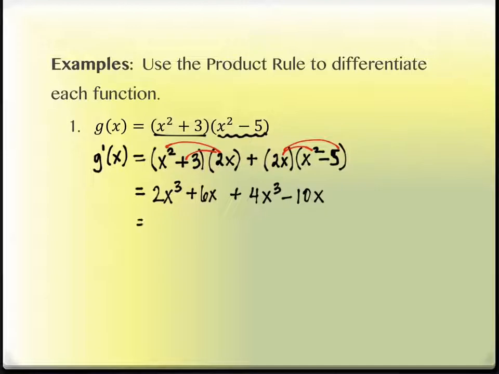And if I combine like terms, what do I have? Oh, which one's messed up? Oh, you're right. This one was supposed to be a 2. Thank you. Everything else okay? Okay. Then, if I clean up, what do I have? 4x to the third minus 4x.